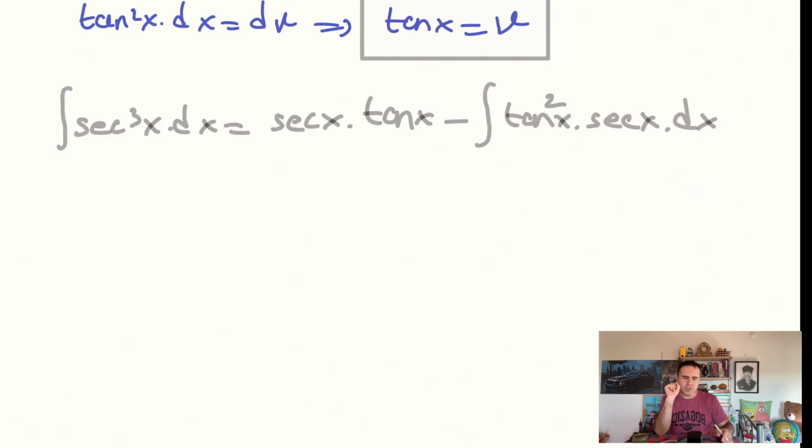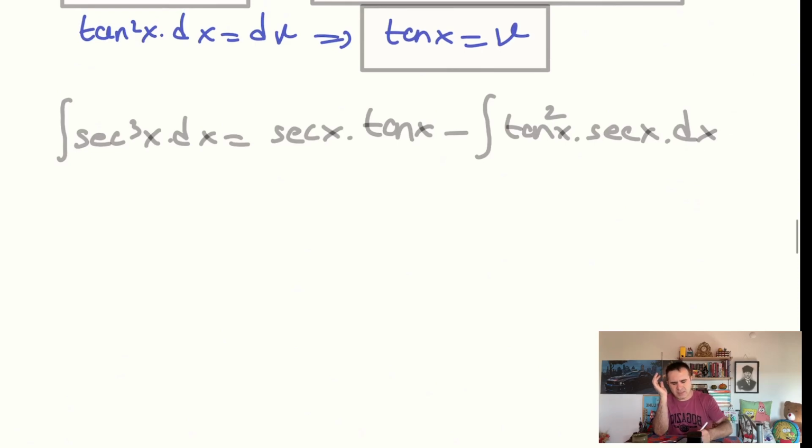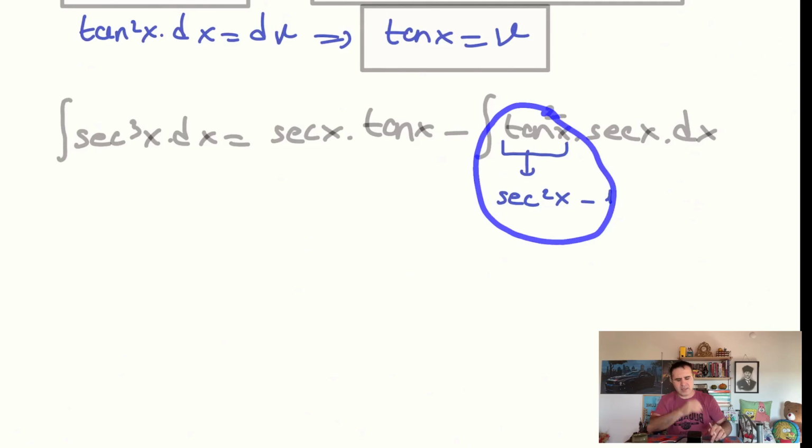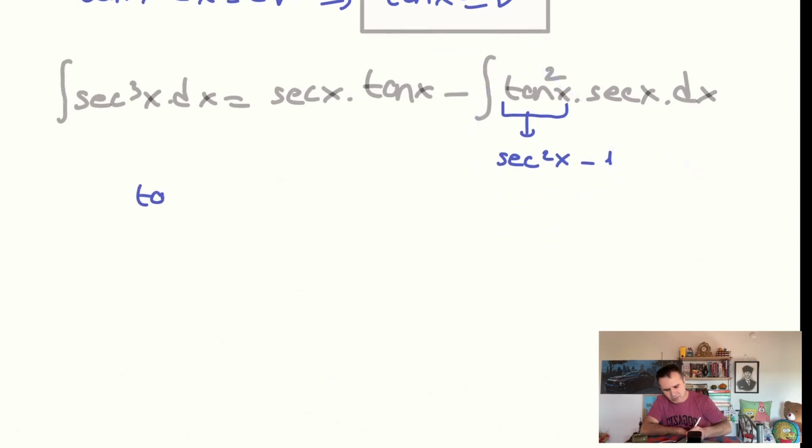Then we should also know that tangent square of x is equal to sec² of x minus 1. And if you forget this, then you should write tangent square of x as sine square of x over cosine square of x. And since cosine square of x plus sine square of x is equal to 1, we can rewrite sine square of x as 1 minus cosine square of x.